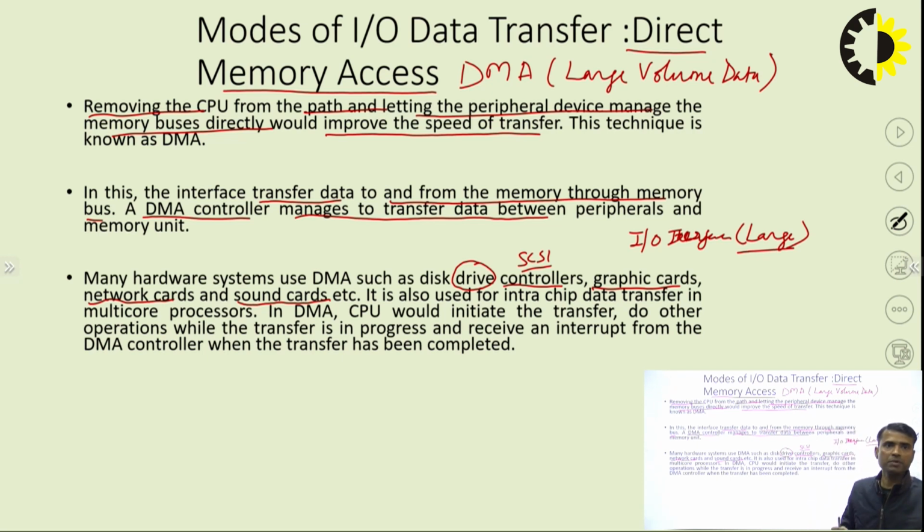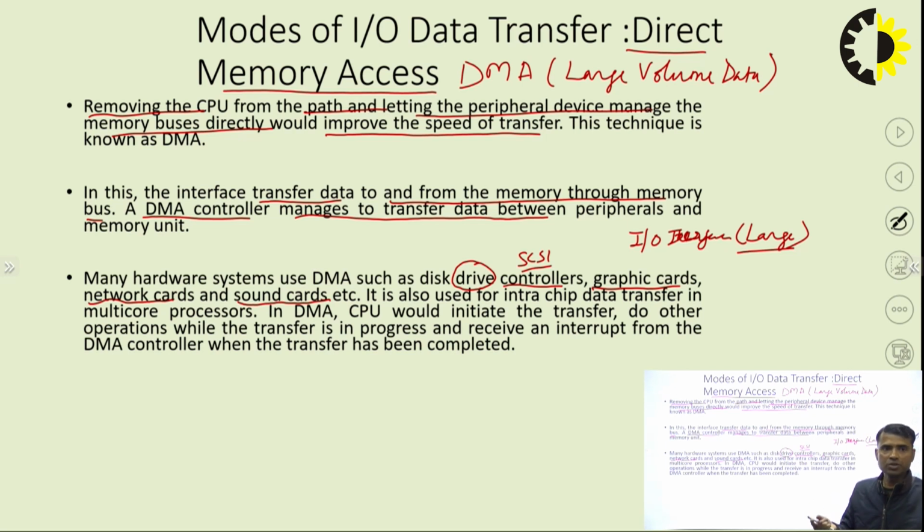So it cannot be served through interrupt controlled data transfer. Why? Because for every data transfer you have to look for the interrupt that data is available, and for a large amount of data, like megabytes or gigabytes, the interrupt will be raised again and again and the data will be transferred byte by byte.